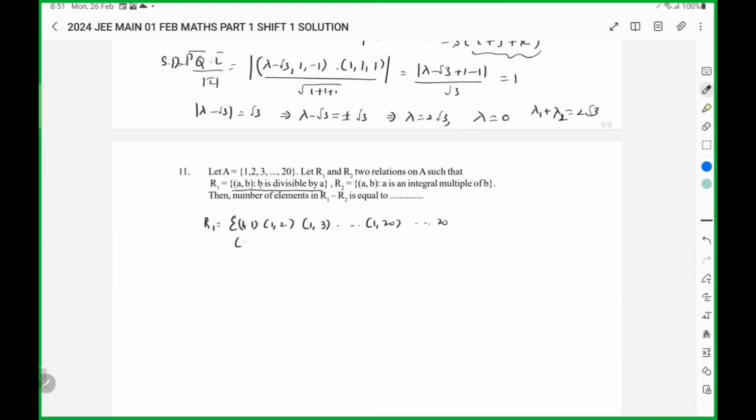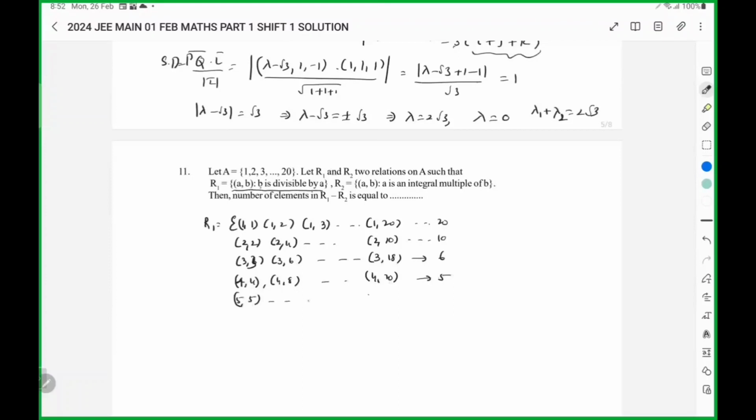If I take 2, then 2, 2, 2, 4, 20. If I take 3, then 3, 3, 3, 6, 3, 18. 4, 4, 4, 8, 4, 20.